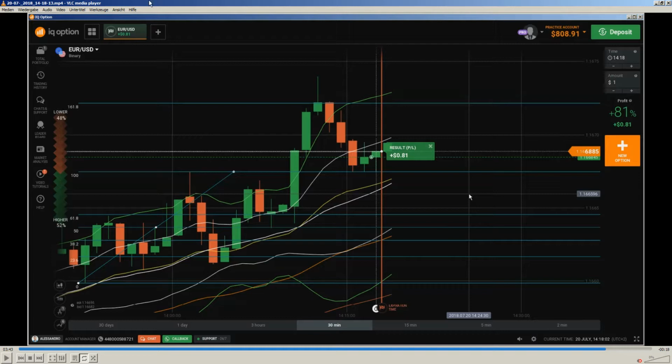Also, if you got here a bigger wick, you have to understand the reversal candlestick patterns. They are really powerful if you are using them on specific key levels. So that was it. I hope I have given you a few insights on how to trade in such a nice uptrend.